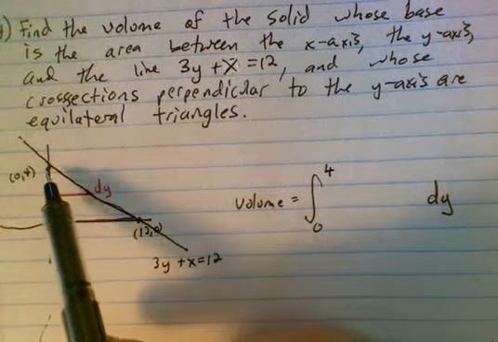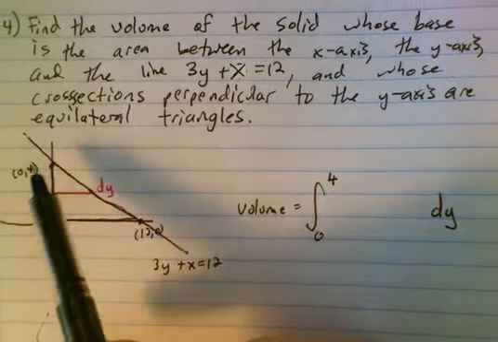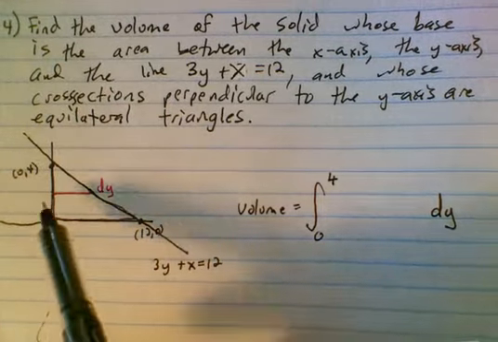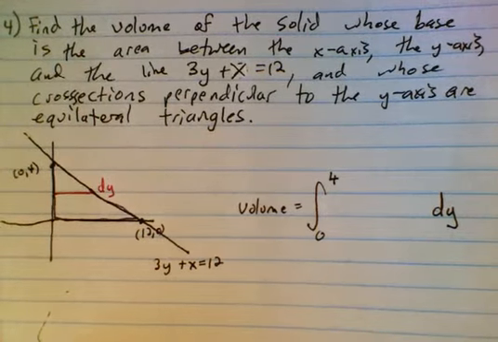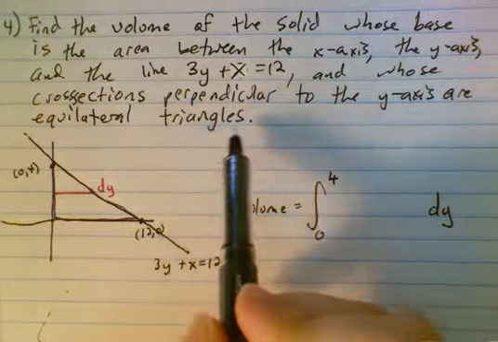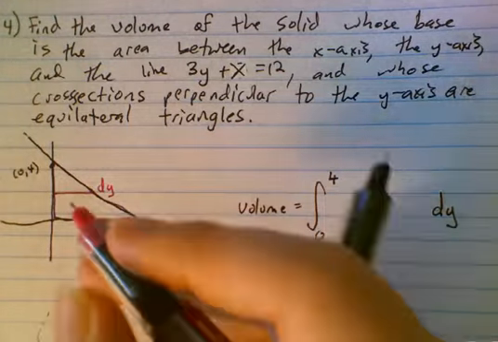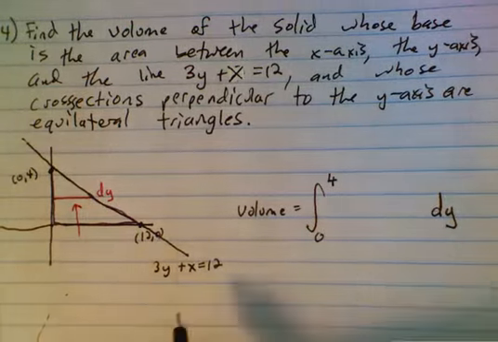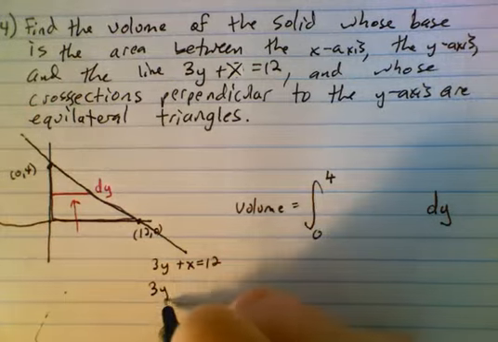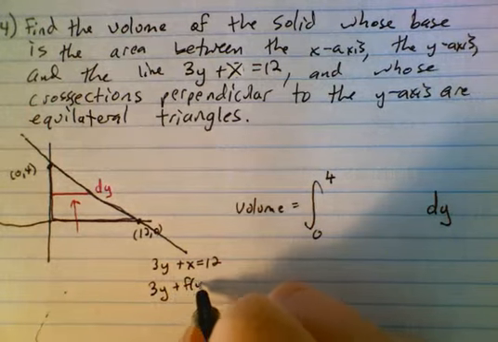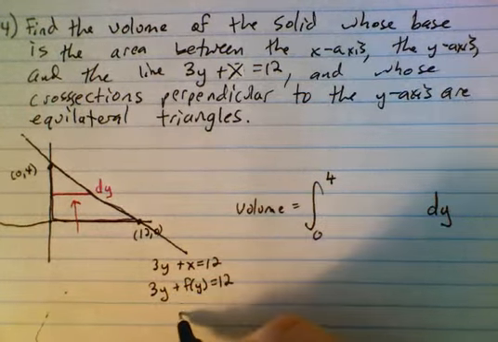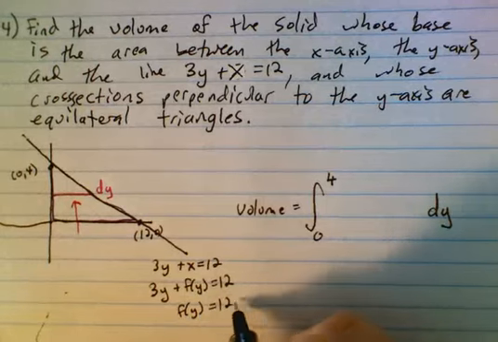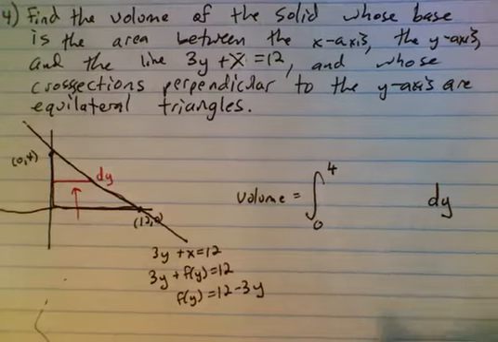So it was useful if we graphed this by plotting these 2 points. Otherwise, we just have to plug in and find them now. And we know that cross sections perpendicular to the y-axis are equilateral triangles. We're dealing in terms of y, so that means everything should be a y. This should be 3y plus f of y equals 12. f of y equals 12 minus 3y.